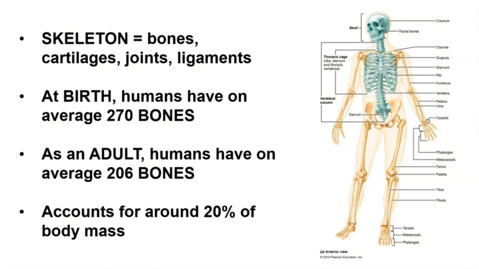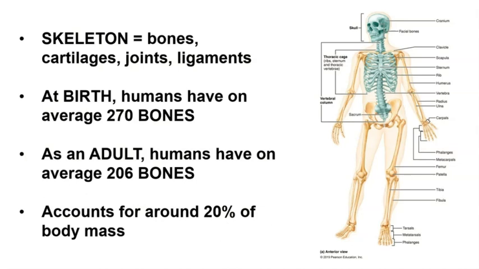It turns out that as we age, some bones fuse together with nearby bones, and so that causes multiple bones to become one single piece of bone, and this also causes our total count of bones in our skeleton to decrease, so we get fusion of nearby bones to create larger pieces of bone. So in this course, our focus will be primarily on the adult skeleton, so we're going to study the 206 bones in the adult skeleton.